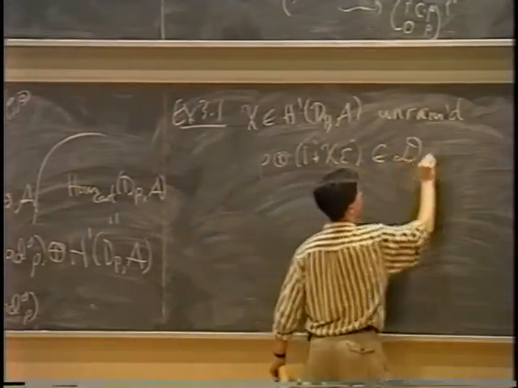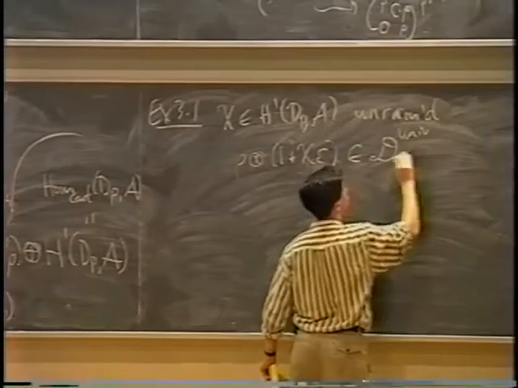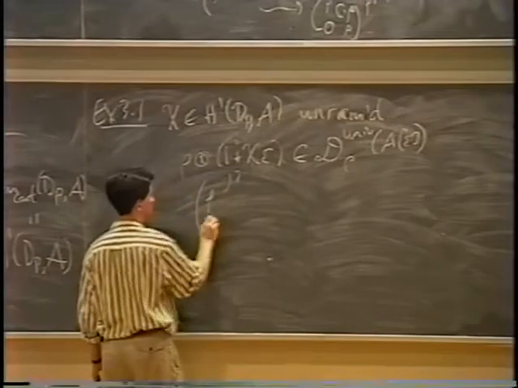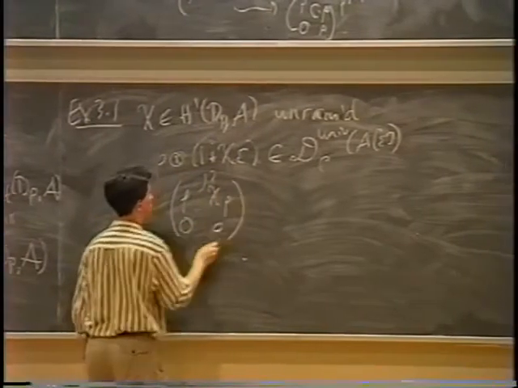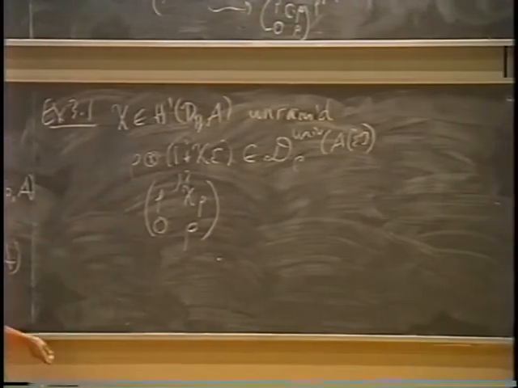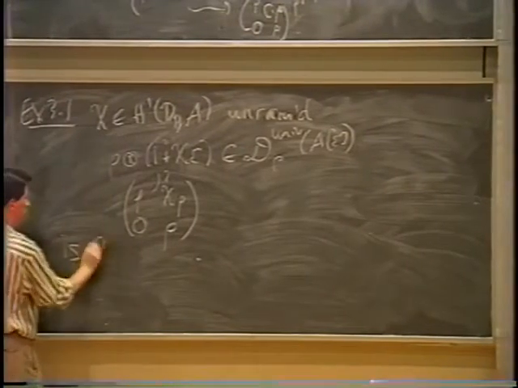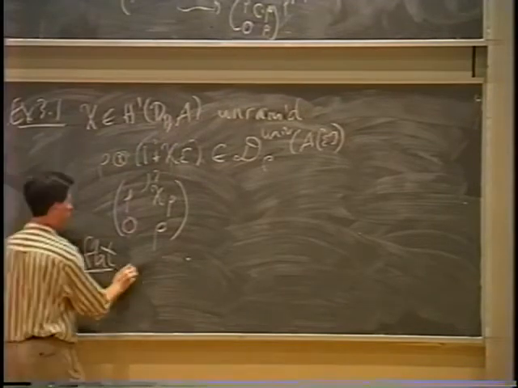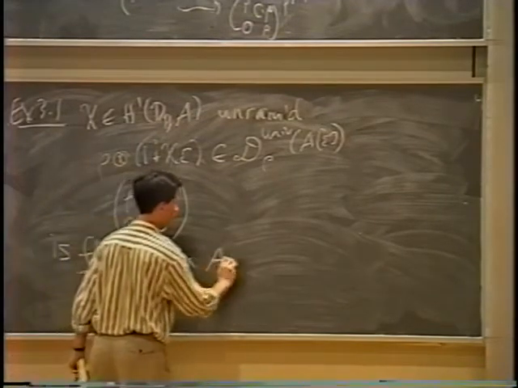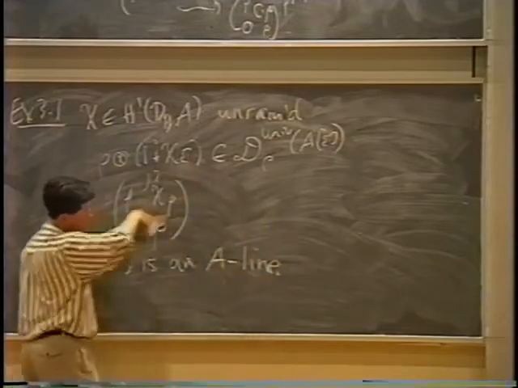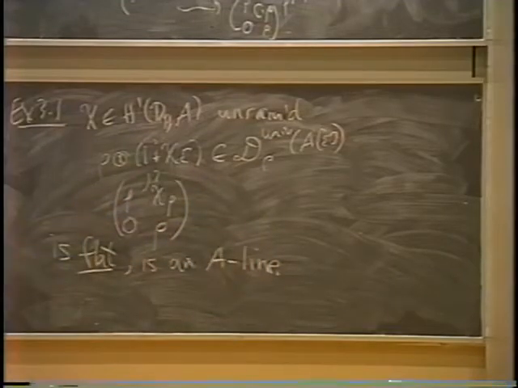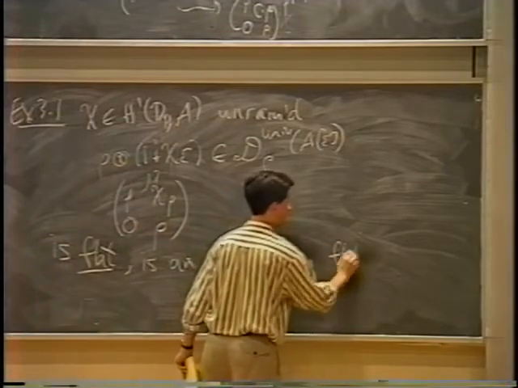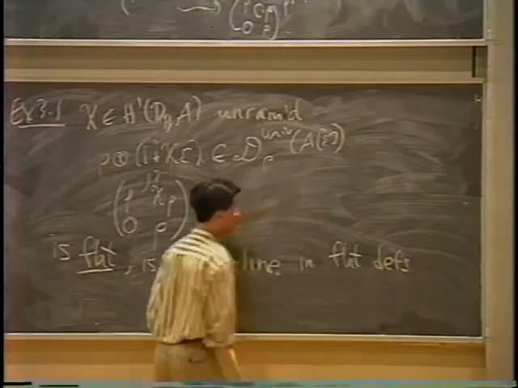This is some deformation of rho to A[epsilon]. You can also think of it as an extension class given by a matrix of this sort. Okay, turns out from properties of finite flat group schemes, this is flat. How many of them are there? Cardinality of A. One checks. This is, in fact, an A line. Right, there's a single line inside of this A module. All right, this is, in fact, inside the sort of the flat deformations. Okay.